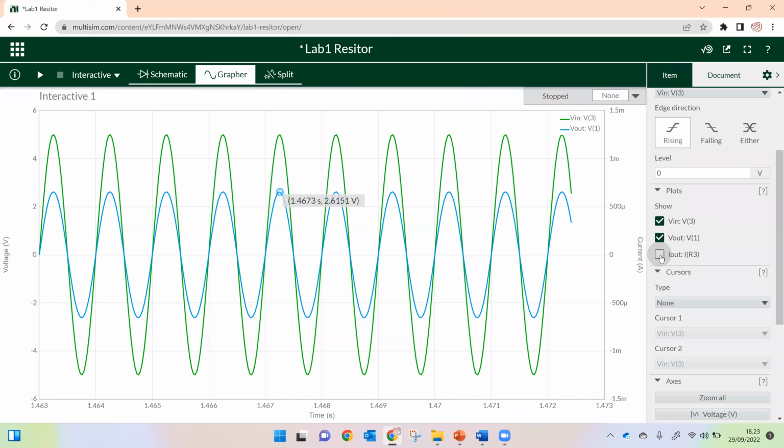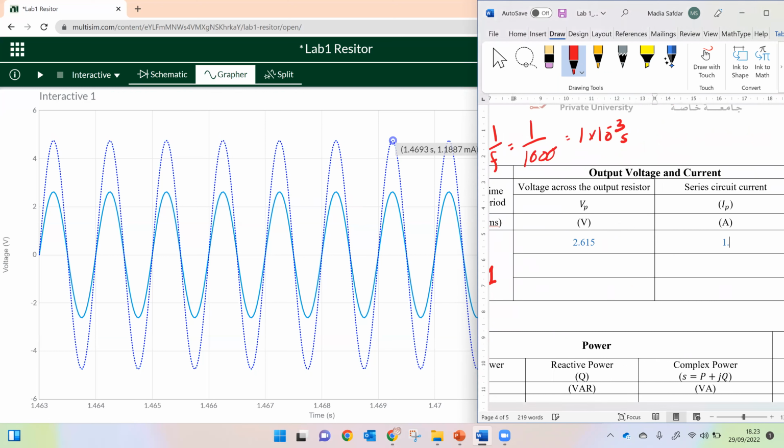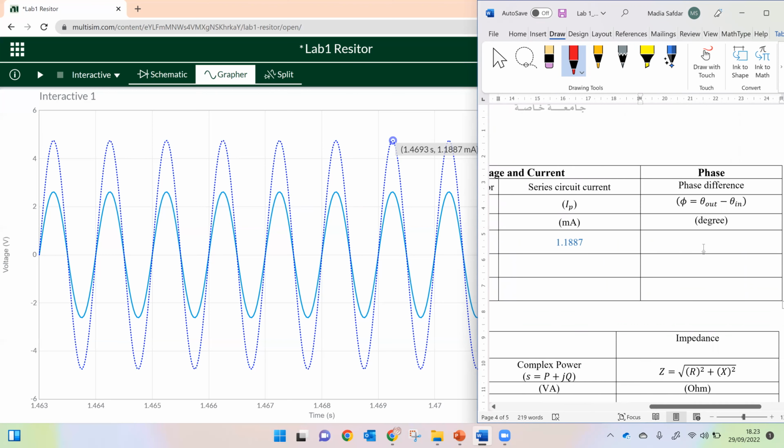Then the next step is to check this, and let's make it more clear. So now this is 1.1887 milliampere. It's milli, so you will write milli here. Then the third step is to find theta out minus theta input.